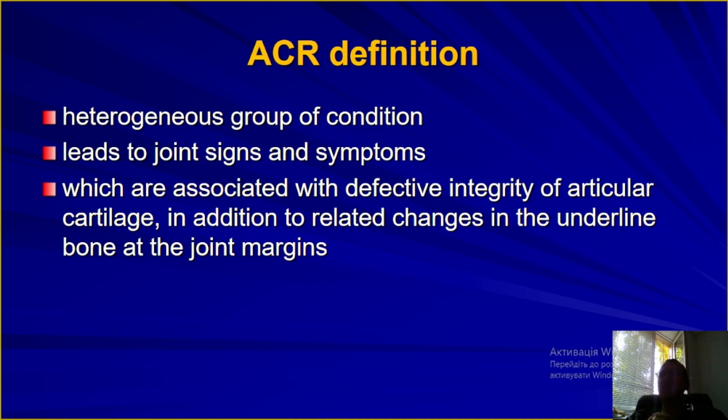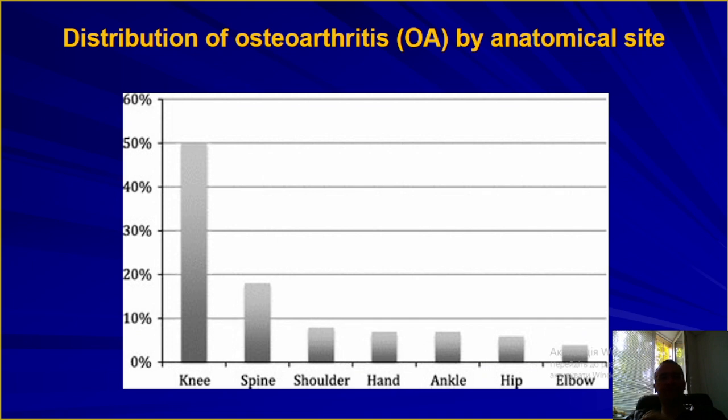Osteoarthritis is a group of diseases which have different phenotypes, and all these phenotypes are caused by different reasons. They have some specialties in pathogenesis, in the development of this pathological process, and in most cases they need different treatment. So it is a group of diseases which are very similar to each other.